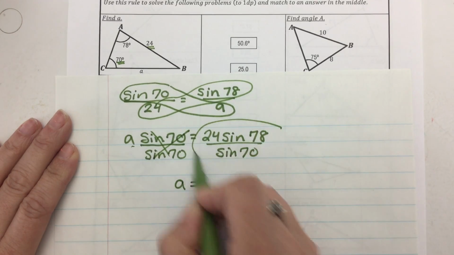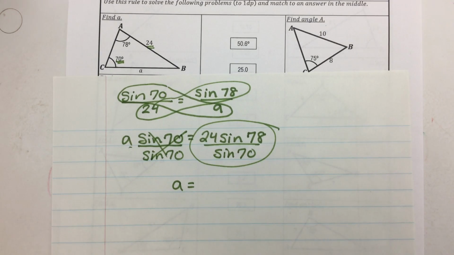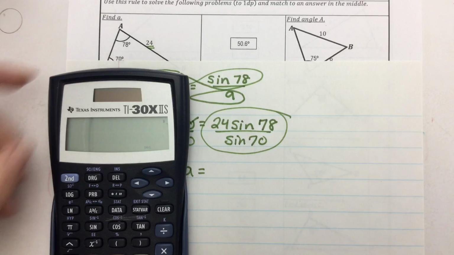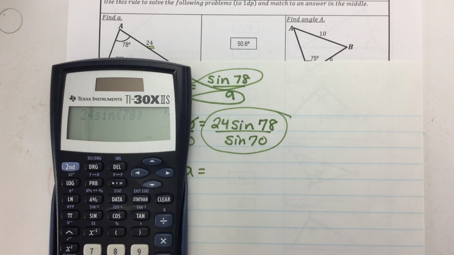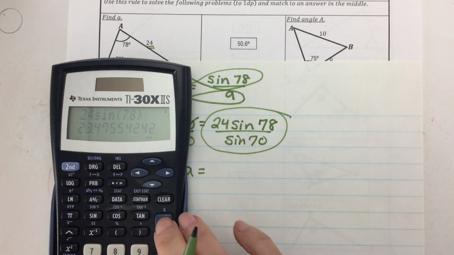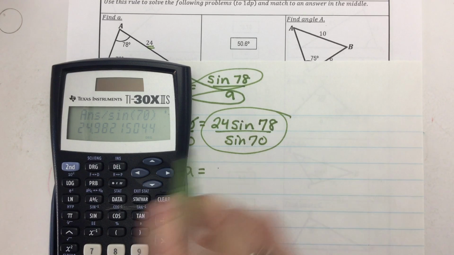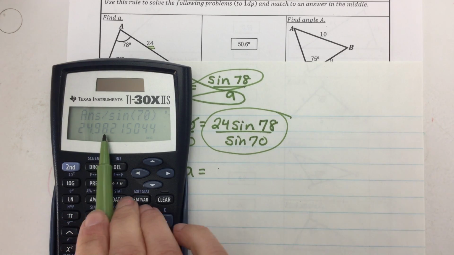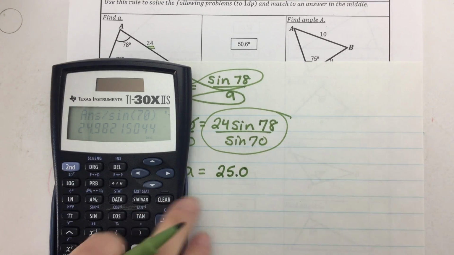So A equals, now you're going to put this into your calculator. Make sure that you are in degree mode since we're looking at triangles. So if I have 24 times the sine of 78, I like to hit enter just so I know the top is calculated, then divide by the sine of 70, and I have 24.98. So if I am rounding to the tenth, it would round up to 25.0.